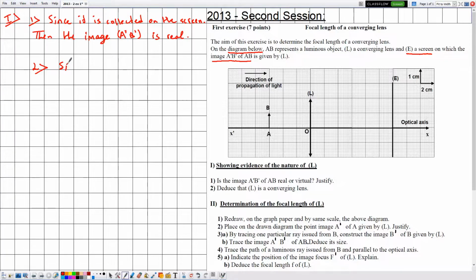Then let's say, since a converging lens can form a real image, which can be collected on the screen, then L is a converging lens.